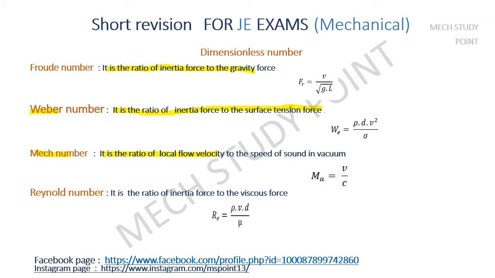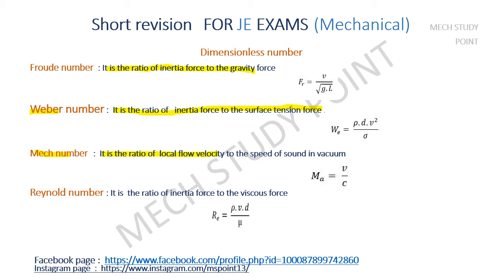So the formula of Mach number is equal to the local flow velocity by the speed of sound, meaning V by C. Many questions are asked in the JEE exams on the basis of Mach number, like numerical questions based on V by C. Given the velocity and the speed of sound, which you know is a constant, we can easily calculate the Mach number.